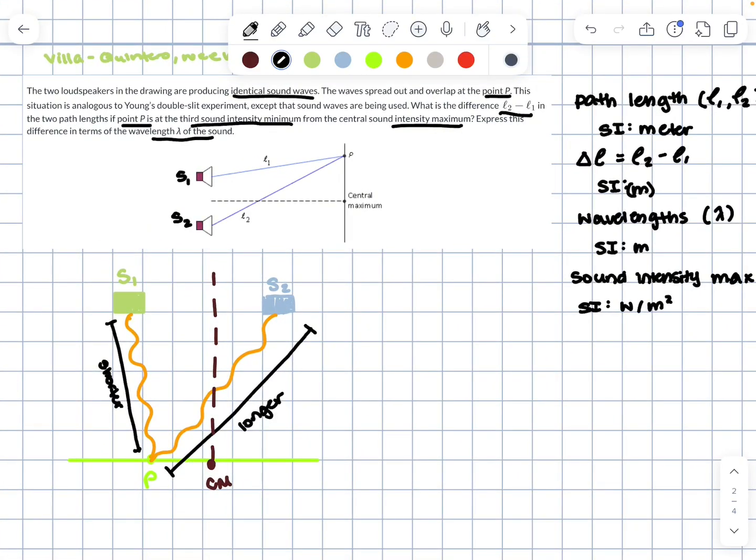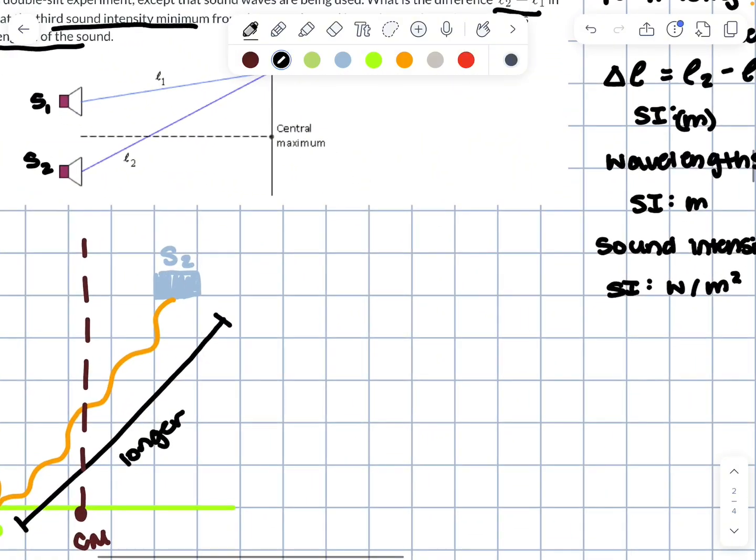So the equation for destructive interference is going to be delta L equals m minus a half, and then we have that lambda. Okay, and so we know that delta L is the difference of the two lengths, and m is the order of the minimum. And then we can go ahead and find the third minimum.